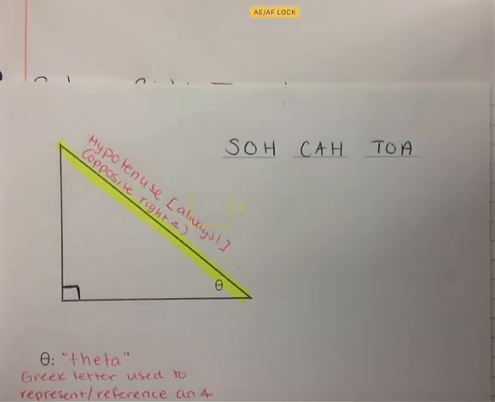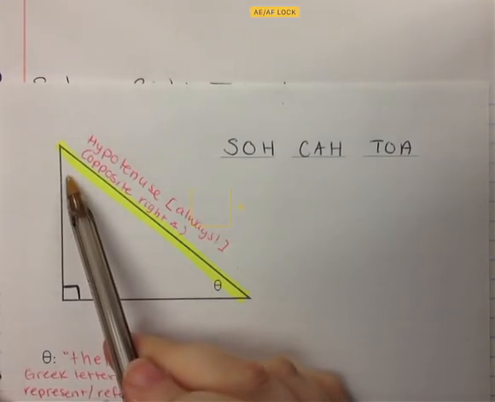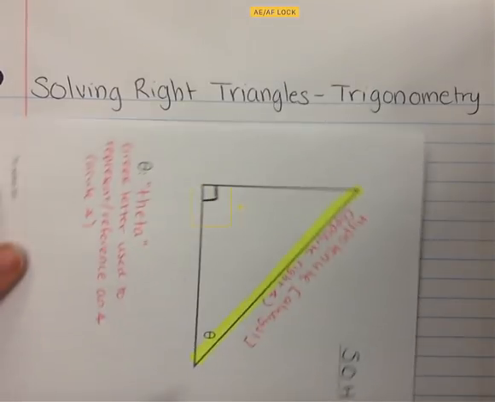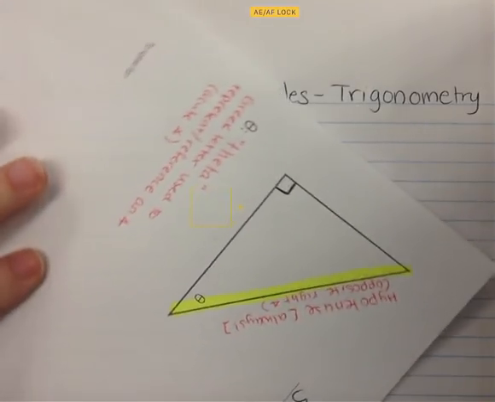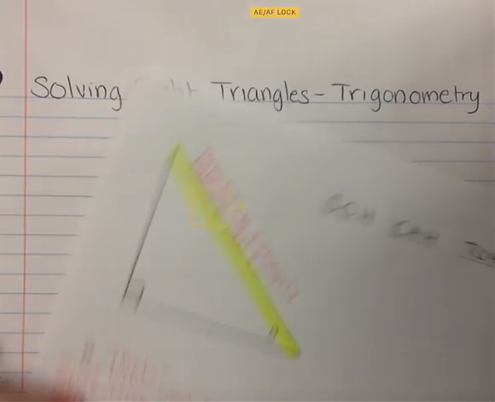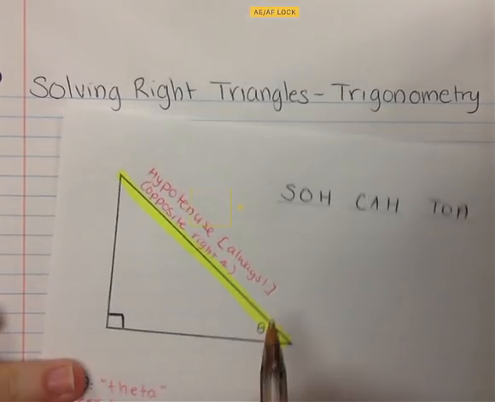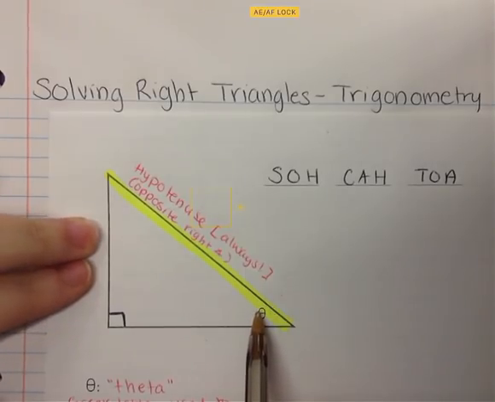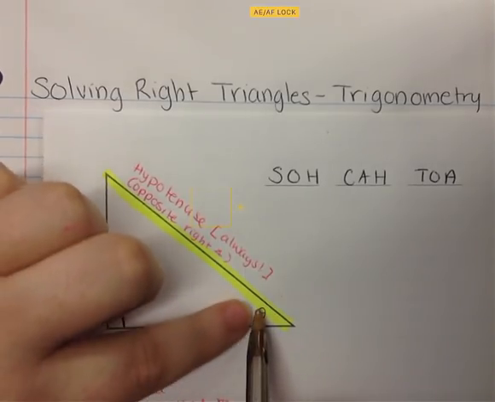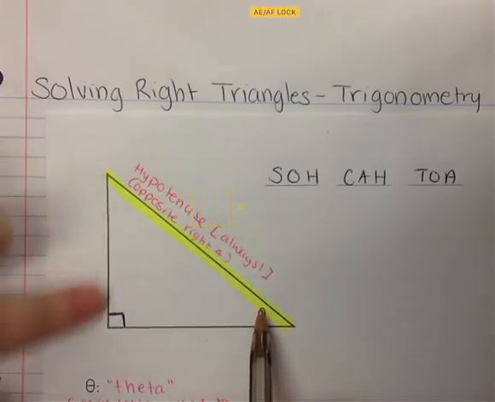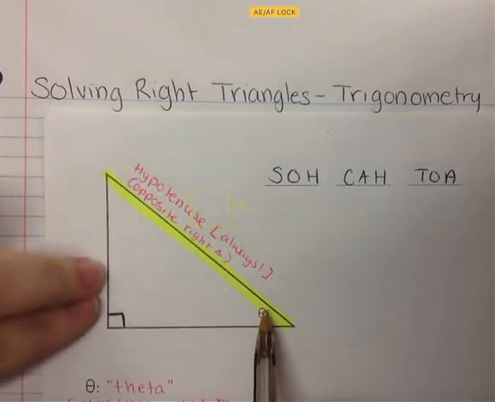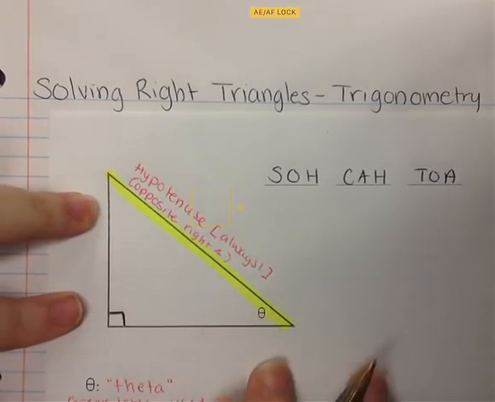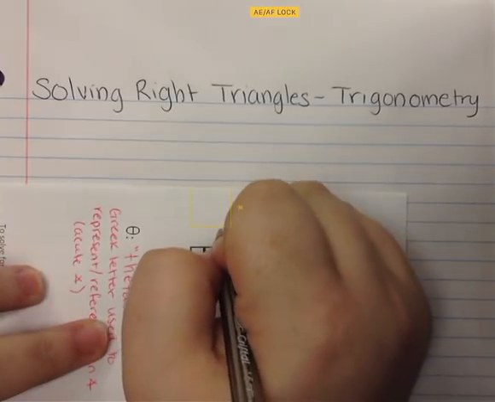Wherever theta is located, and theta can be located up here, you have to make sure that if your picture is turned, you can still know what side is what. It's because it's with regards to theta. This side over here, if I want to get from theta to this side through the triangle, is called your opposite of theta because you go across the triangle.